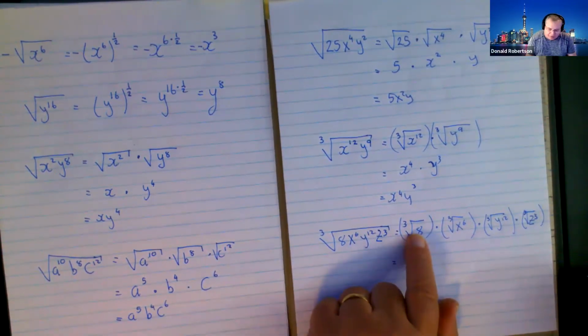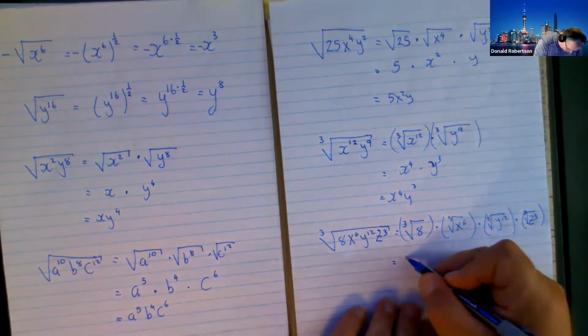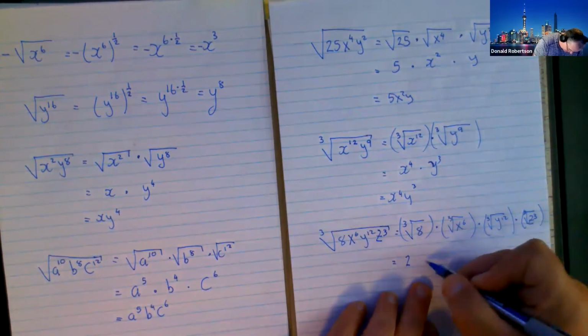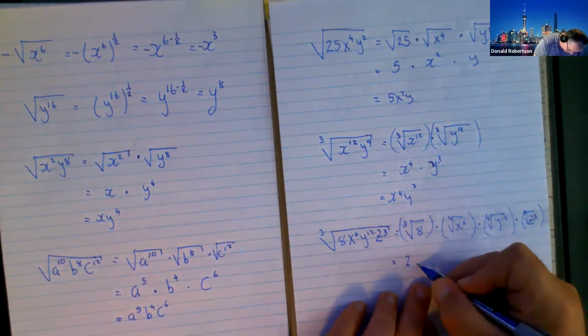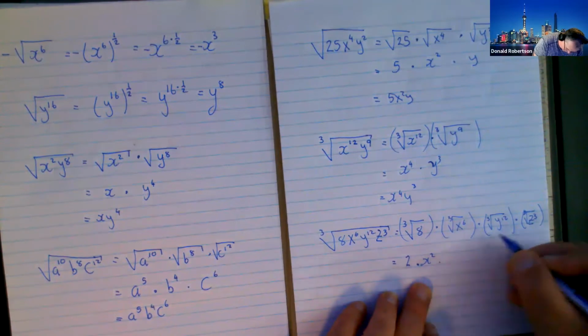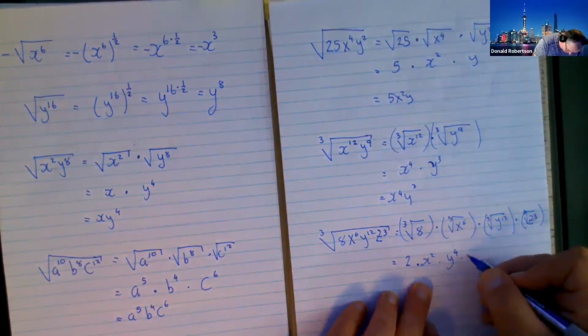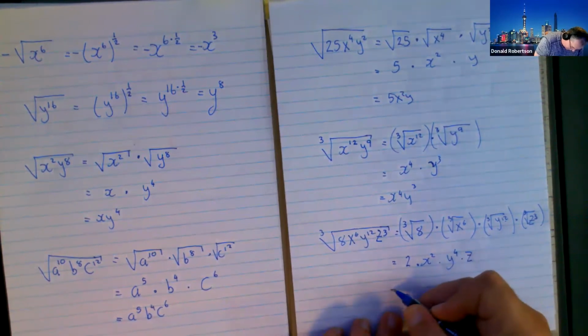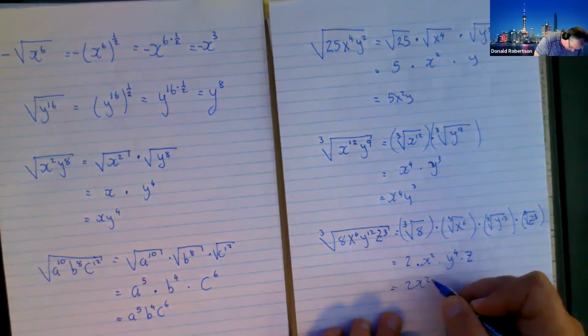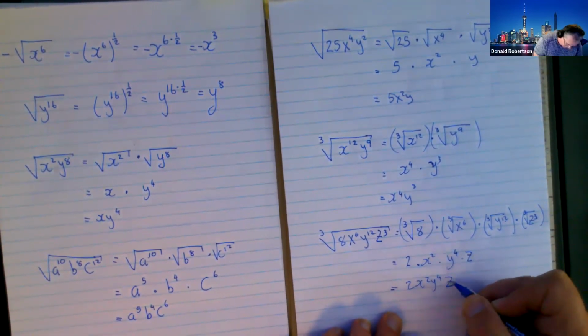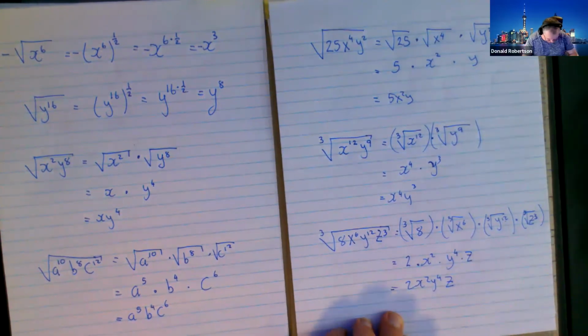And that's an exact value, which you can check on your calculator, is 2. Divide that by 3 and you get x squared. Divide that by 3, you get y to the 4. Divide that by 3, you get z. So your answer is 2x squared y to the 4 z. And we are finished.